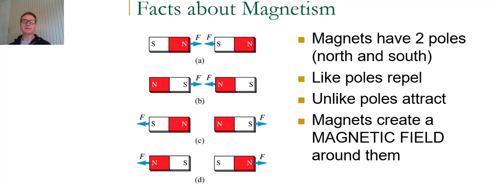So the first thing that we want to note about any type of magnets is every magnet has 2 poles. It's got a north pole and it's got a south pole, right? And these poles can either repel or they can be attractive, right? So first of all, they have 2 poles, right?